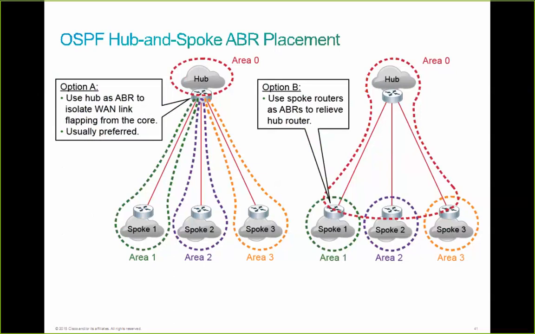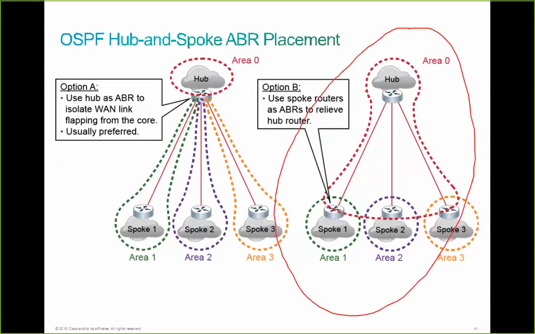Hey, Scott? Yes, sir. So that's what I meant when I was talking about the buildings and OSPF, and whether to have these routers in those areas as spokes or have them in area 0. Right. The diagram on the right would be more preferred if the links that you're using are reliable and stable.